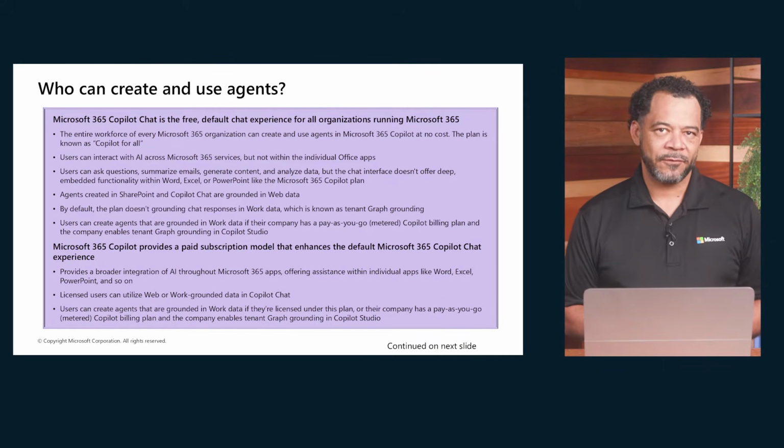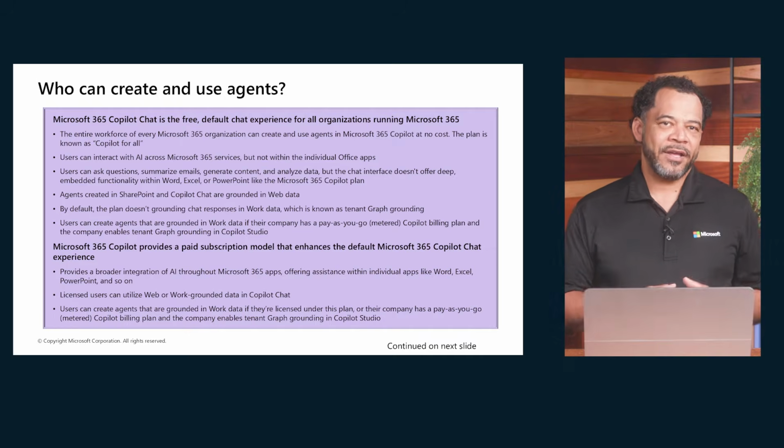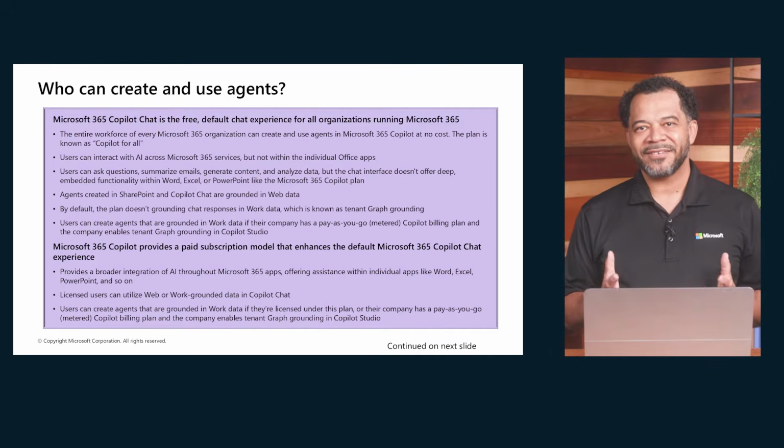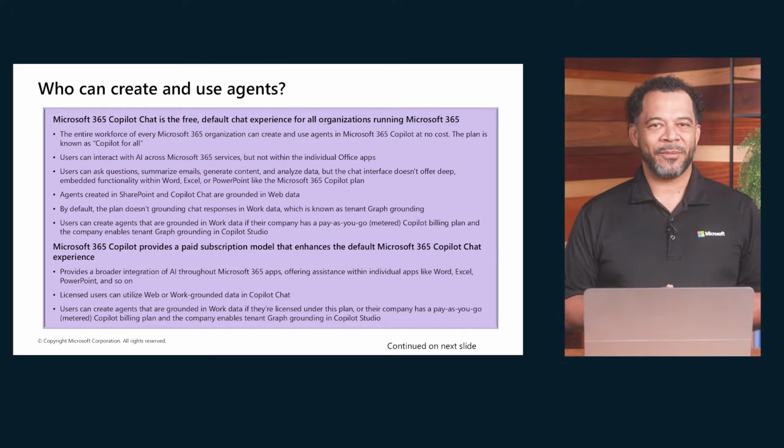The paid subscription model for Microsoft 365 Copilot unlocks even more capabilities. It allows AI to integrate directly into apps like Word and Excel, and gives licensed users access to both web and work-grounded data. This means agents can pull insights from your company's documents, emails, and other internal sources, making them far more useful for business-specific tasks.